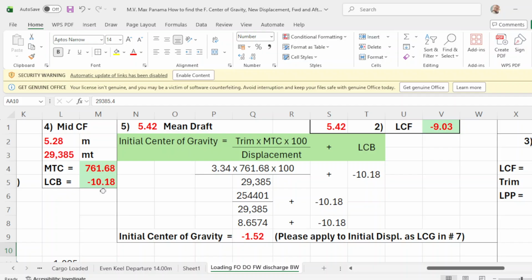LCB is negative 10.18. Okay, so multiply this one, that will be 254.01 over your displacement plus your LCB. So divide this one, this will be your initial center of gravity, or your initial LCG is negative 1.52.